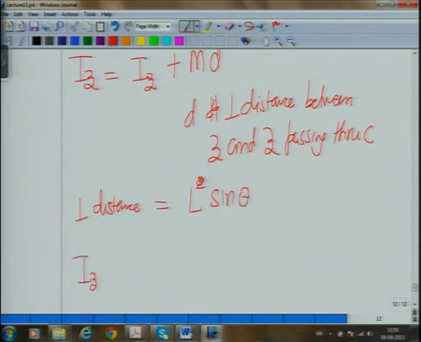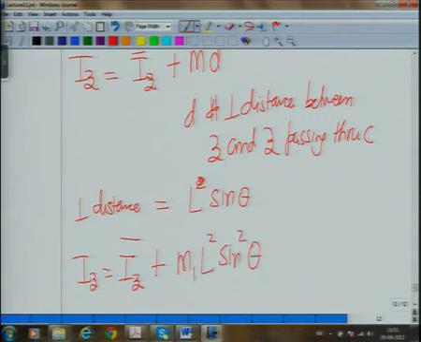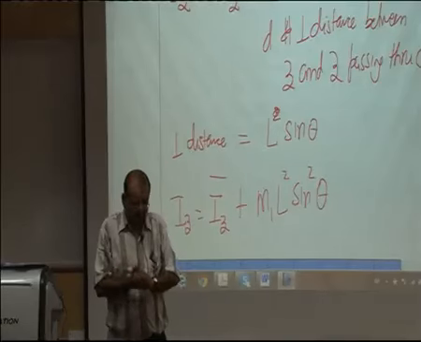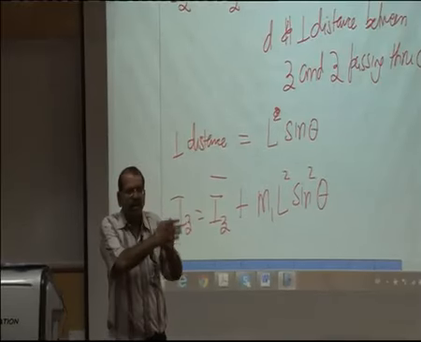So I about z will be equal to I z bar plus m1 times L square sin square theta. This way we use both the parallel axis theorem and the rotation theorem to find this. Is that clear? So this is an example of trying to find this.